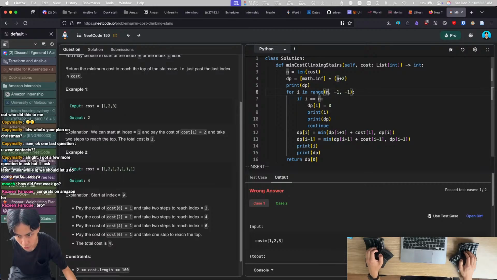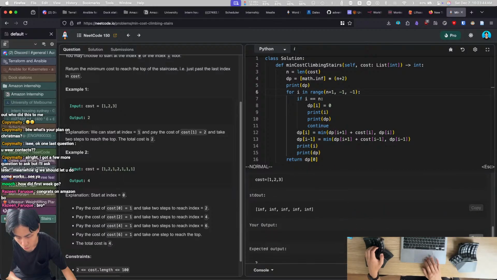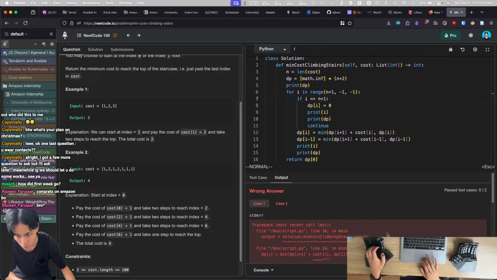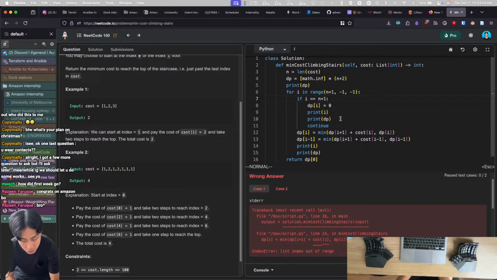And +1. Right, index out of range. And +1. Index out of range. Everything needs a +1? Maybe? Wait, what am I shifting? I'm shifting the dp +1.